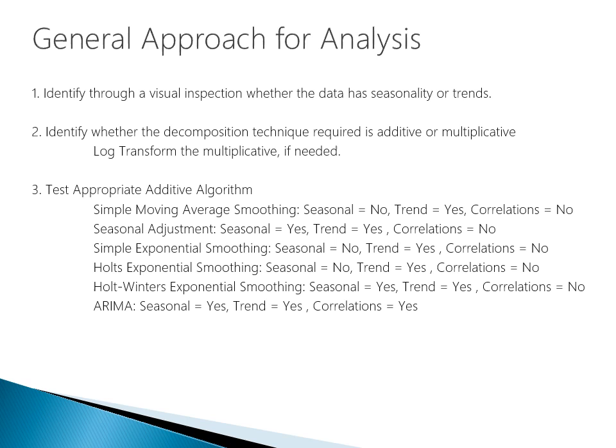If we see that there's a seasonal component and there is a trend component, but there are no correlations in the data, well then seasonal adjustment. Likewise, with a simple exponential smoothing method, if there's no seasonal component, but there is a trend component, and no correlations, well then this is the method that we would use.